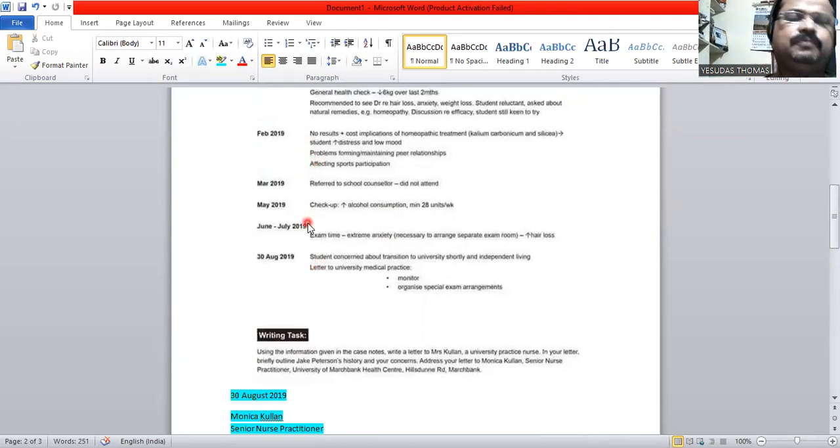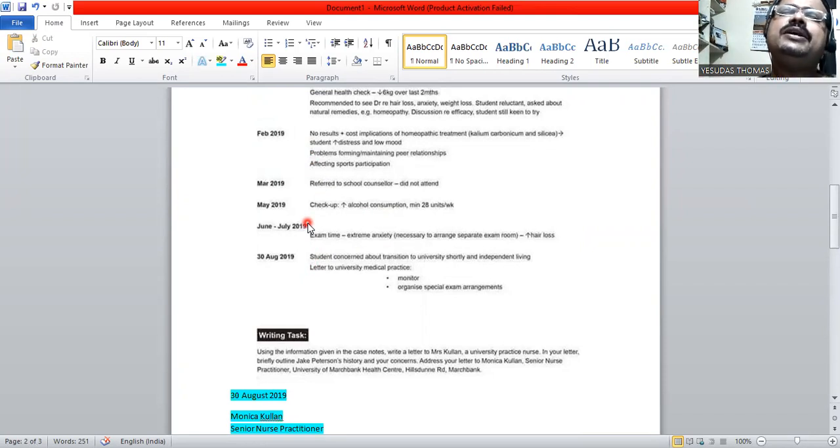After the visits, we have given him the support, but you can see the student is extremely anxious. His hair loss is more and more right now.